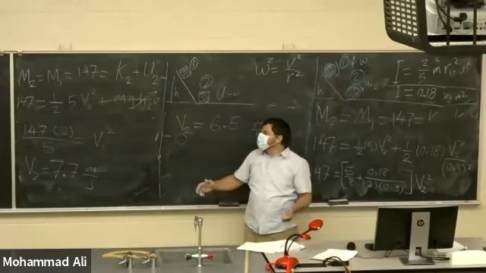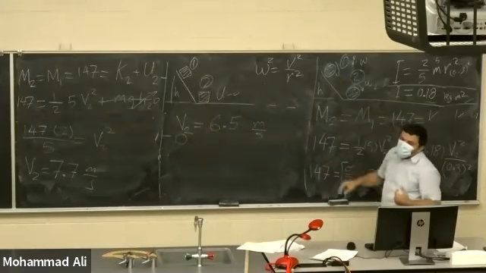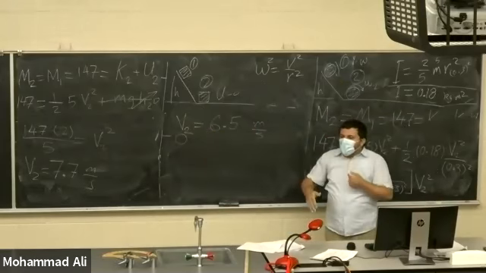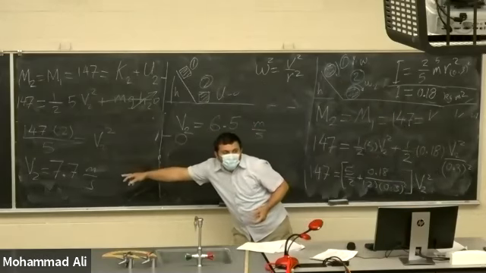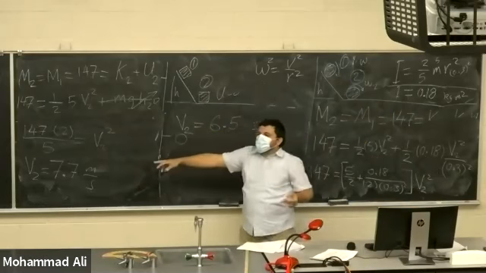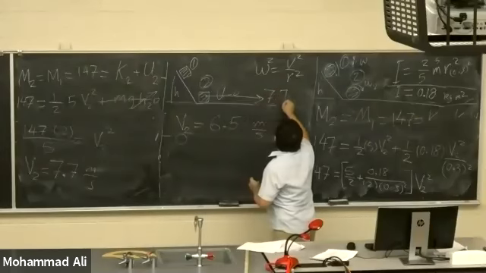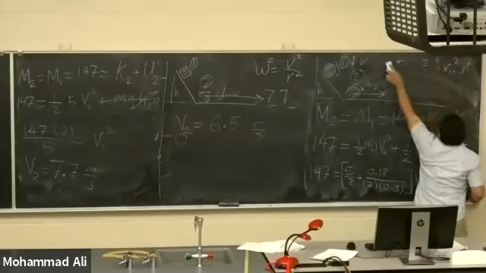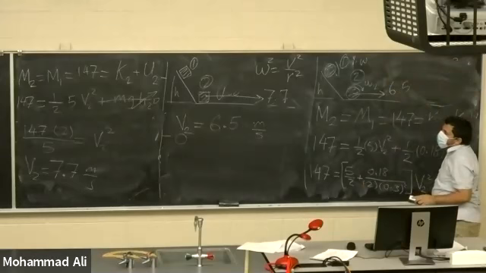If you are riding on this box and I am riding on this ball, then you will pass me. You will win the race because your velocity is more, right? This velocity is 7.7, but this velocity is 6.5. Why?